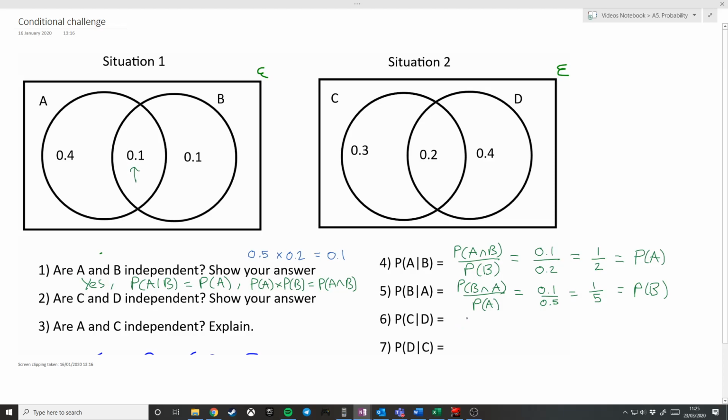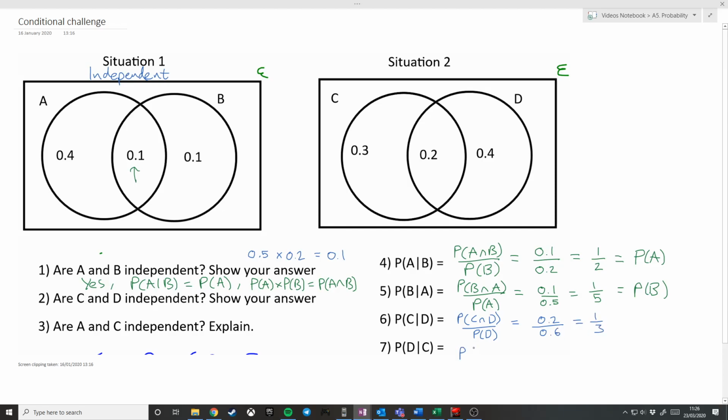Right, let's carry on with these. C given D. Let's look on the right-hand side. So this is an independent situation, A and B are independent. Probability of C given D. So the probability of C intersect D divided by the probability of D is equal to the intersection, 0.2, divided by the second one, 0.6, so this is a third.